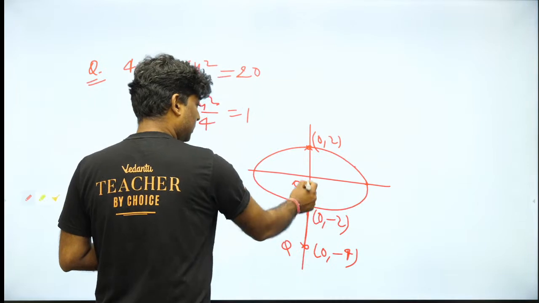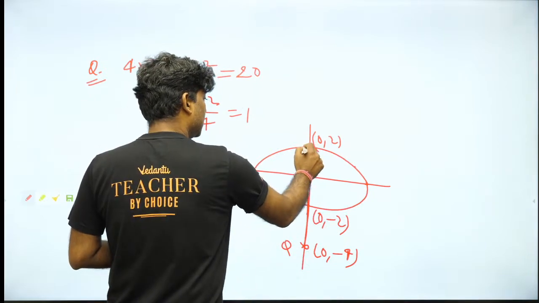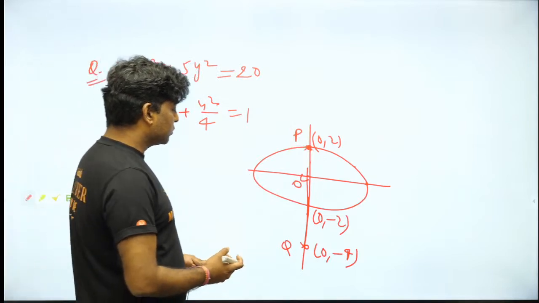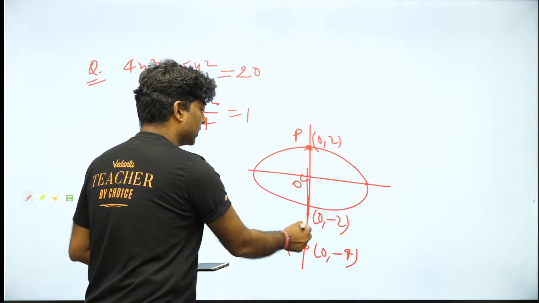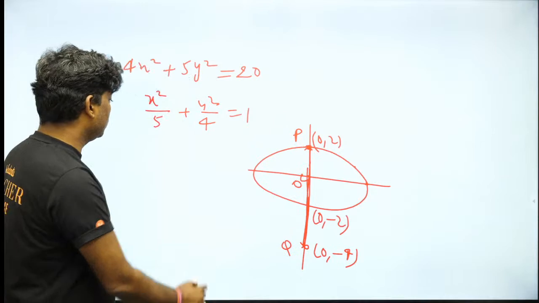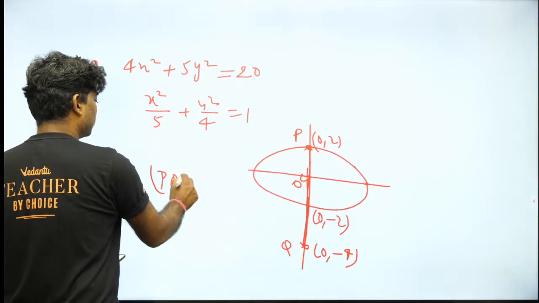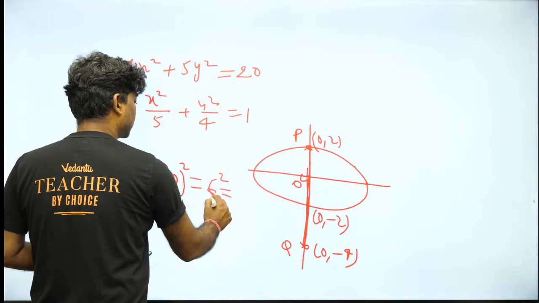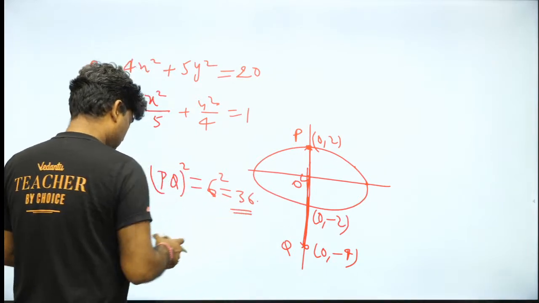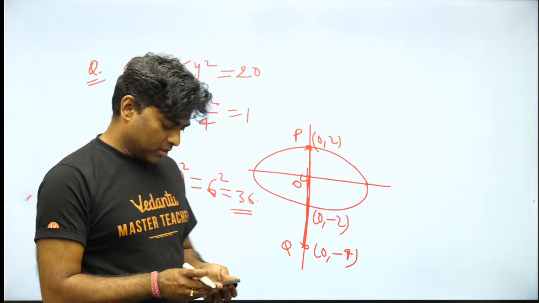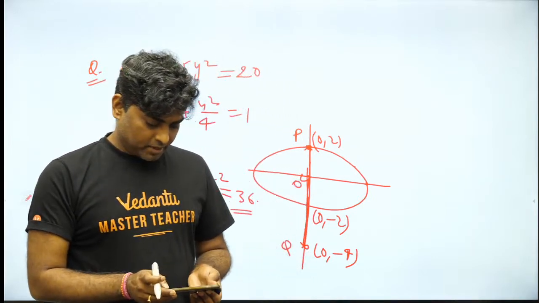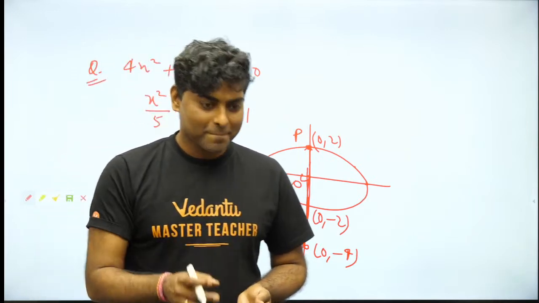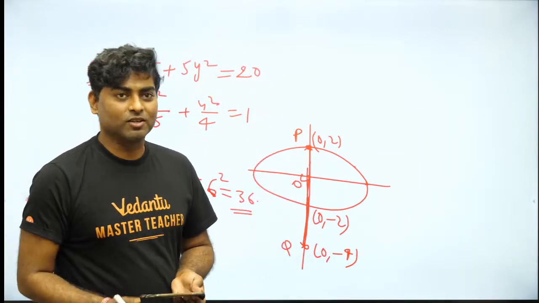They are asking for the point P farthest from Q. P कहाँ पे है? Q से सबसे दूर. Obviously, P यहाँ होना चाहिए. ऐसा लग रहा है ना? देखो, common, जो normal होता है ना? So P is this, obviously. The point farthest to Q must be here. Q is here. And this is what? What is PQ square? Finally, we have to find PQ square. This is 6 square, that is 36, is the direct answer.